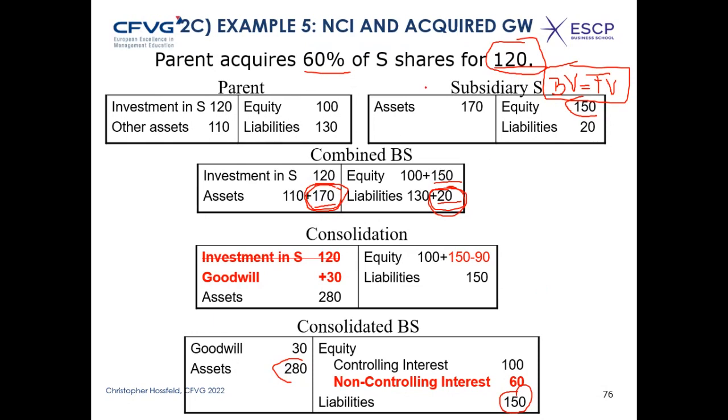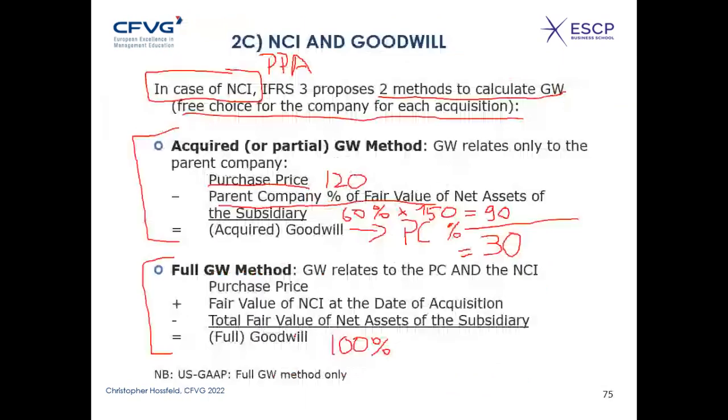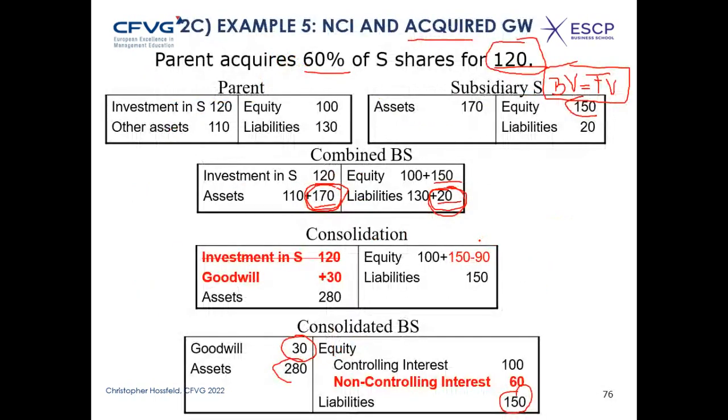And since I use the acquired goodwill method, there is one number in this whole set that does not relate to 100%, and this is goodwill. Because here my goodwill is only a 60% goodwill. It's not a 100% goodwill. And therefore, critics say that doesn't make sense. Why is everything based on 100%, but not goodwill?